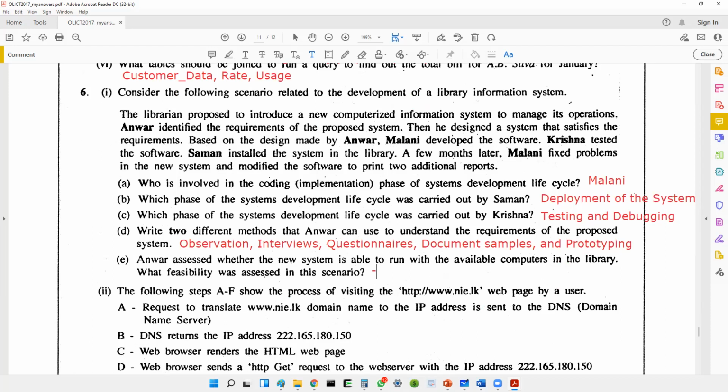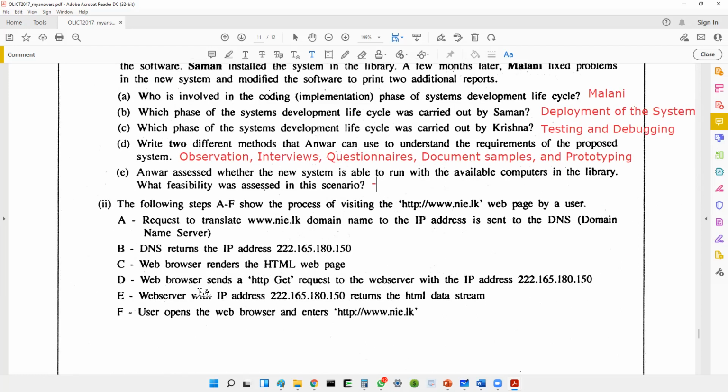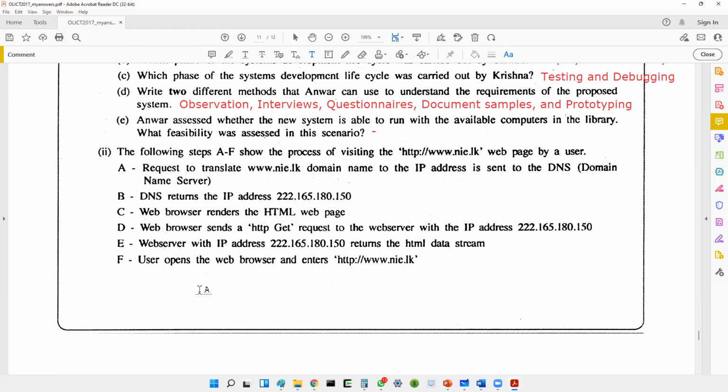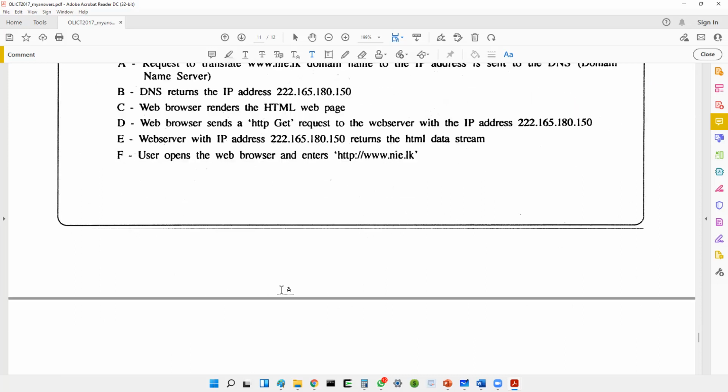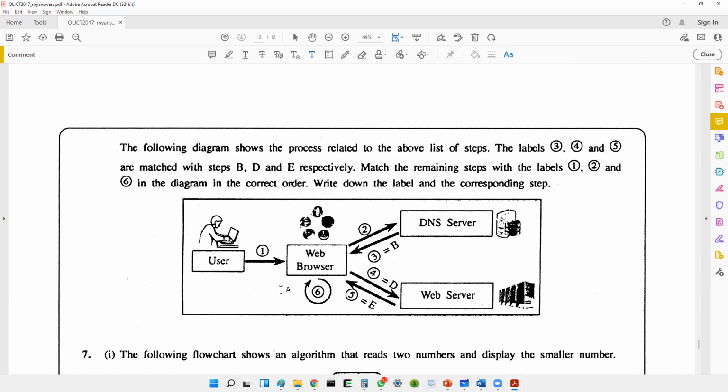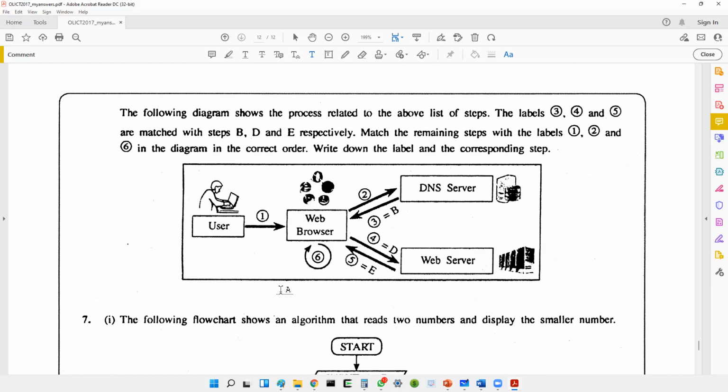Right, part 2. So in part 2, yes, we have A to F. Write down the label and corresponding step.